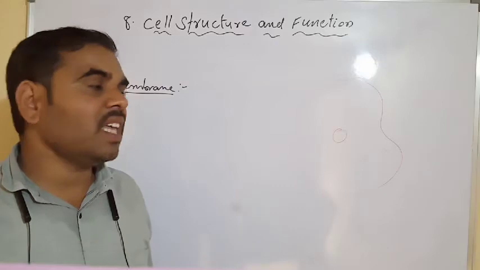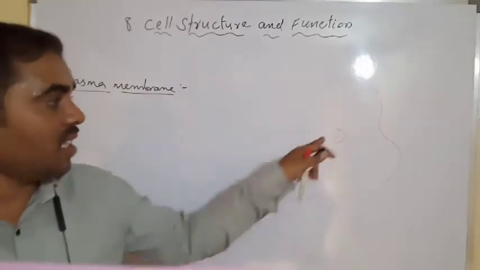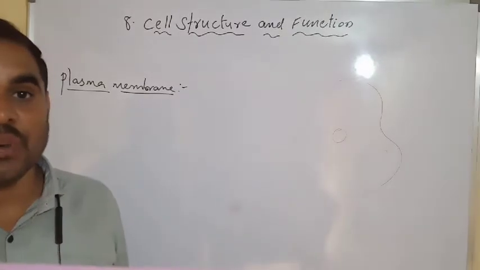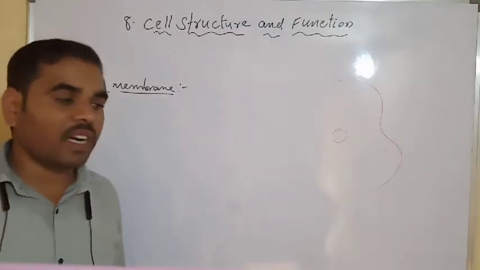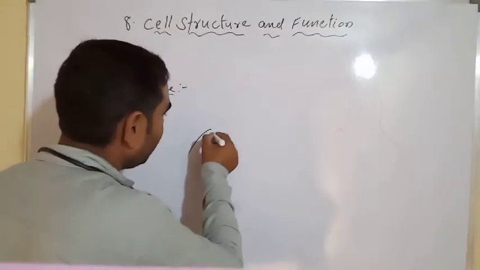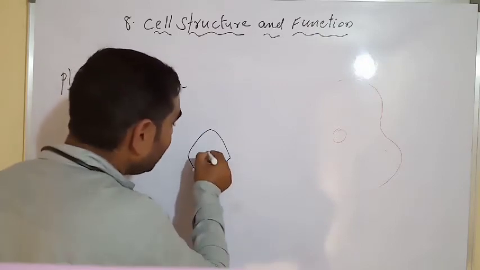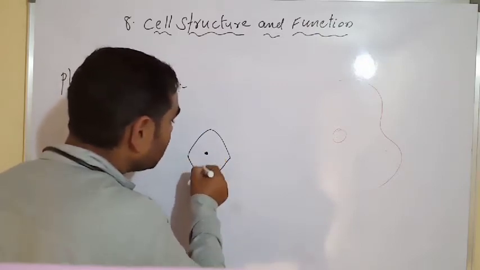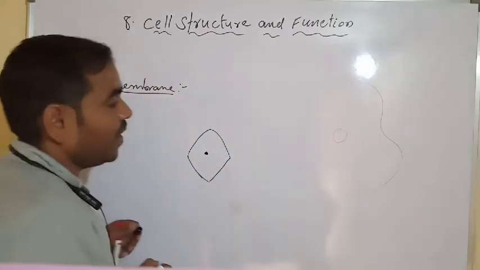We can easily see the plasma membrane and inside it the nucleus also. It is there in your book, you have to do this activity. See these cheek cells, inside there is a nucleus, and this is the plasma membrane.